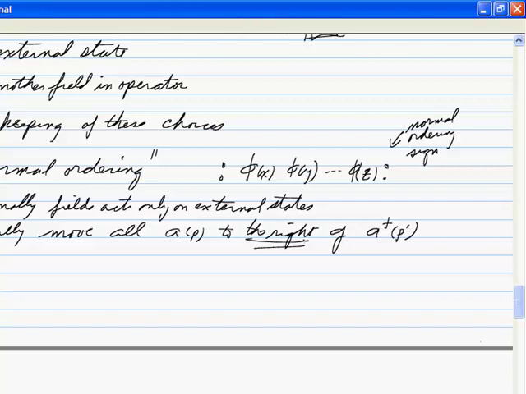Okay? So why is that the right thing to do? Well, if A is on the left of A dagger, then it can annihilate this.